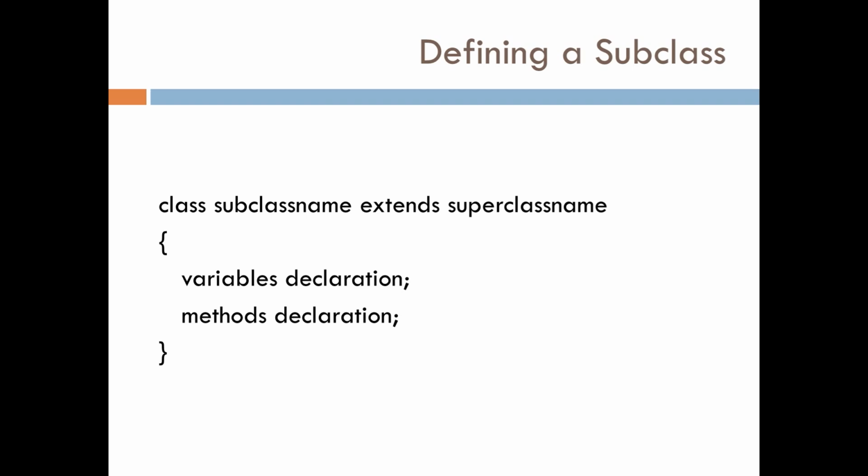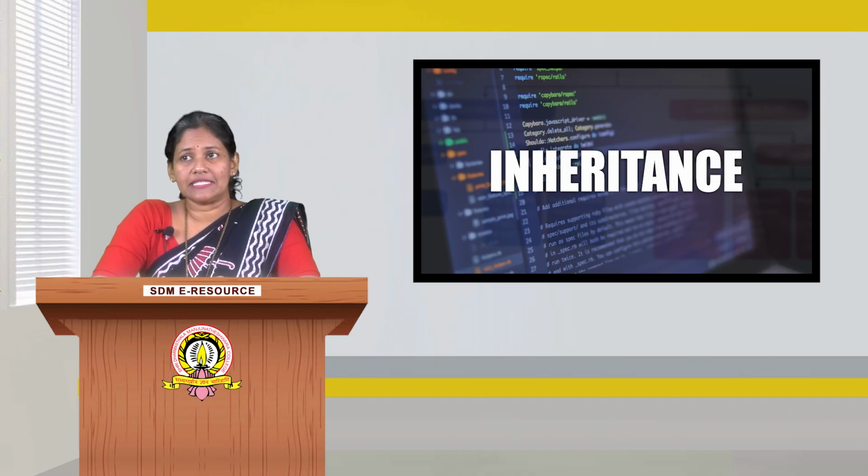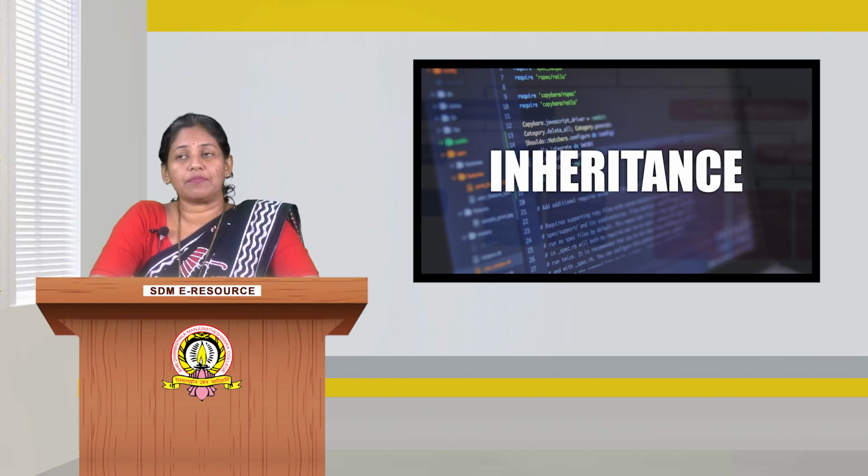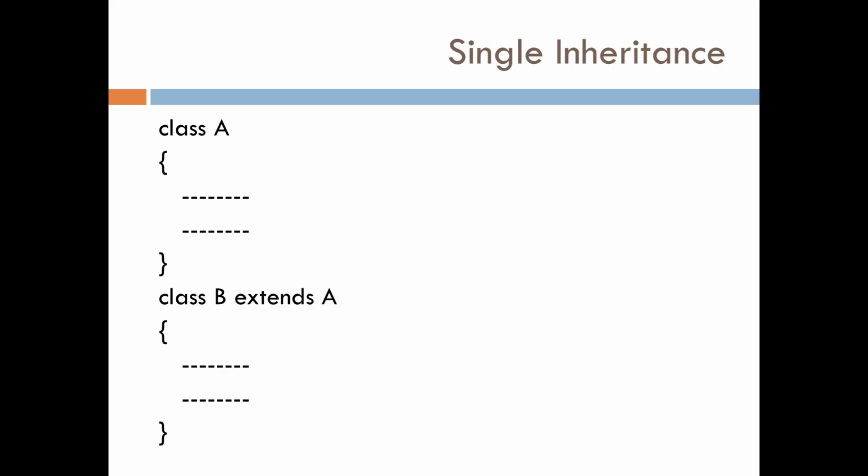So by extending the old class, we inherit all the properties and methods of the superclass to the subclass. Now let us see a single inheritance with the help of an example. Here class A is a base class, class B extends class A. Now class B will be inheriting all the data members and methods of class A.